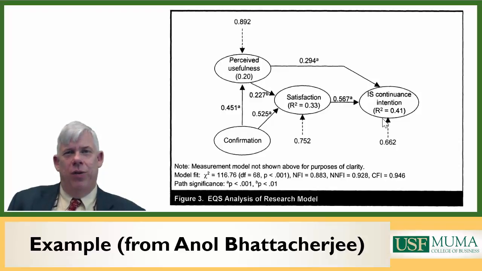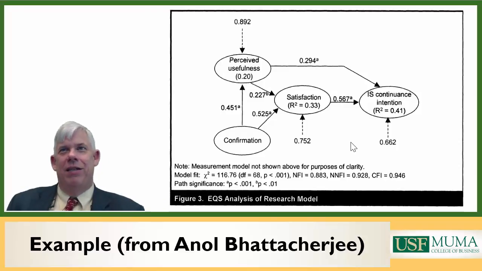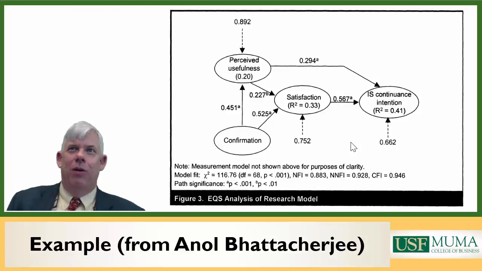If it doesn't seem that useful to you, then basically you've gotten as much as you need to get out of it. So to put this in a very simplistic way, what this is saying is we're more likely to use a system if we're satisfied and we perceive it to be useful. If that comes as a shock to you, then it's worth studying this research. If that seems like something you'd accept without any research, then welcome to the world of academic research.